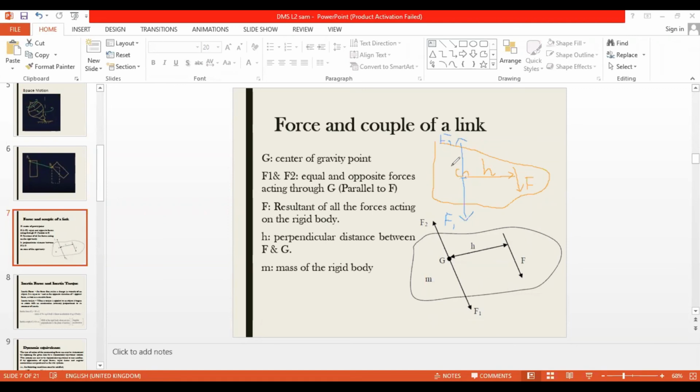Now you see F1 and F2 are equal and opposite forces acting through G parallel to F, and the direction also should be parallel.